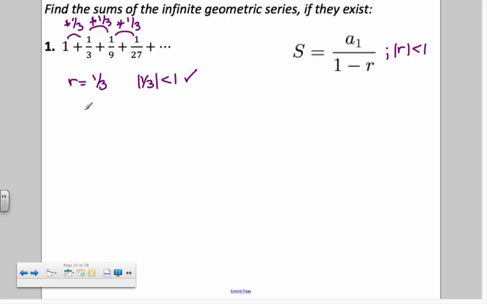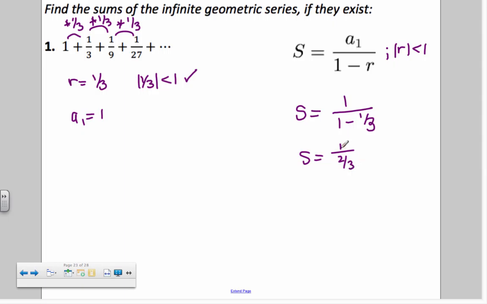So the sum exists. Then the next thing I would do is identify my first term. Well, my first term is 1. So now I can plug this into my sum formula. The sum of this infinite geometric series is 1 divided by 1 minus 1/3. Doing this out, I really could do this in my head: 1 over 2/3.